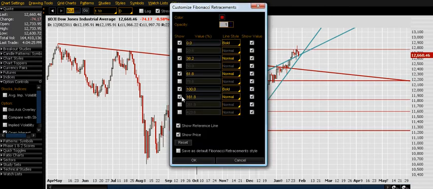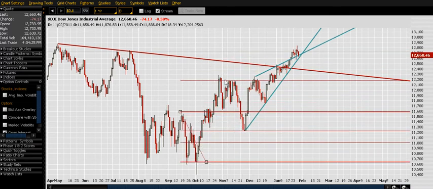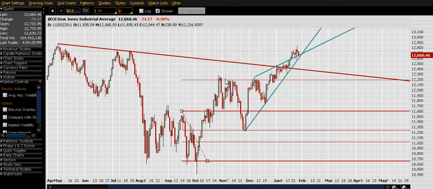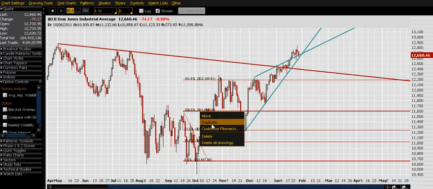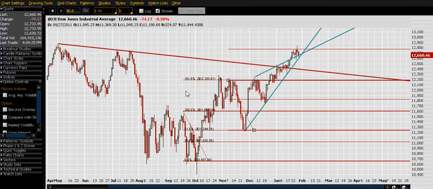I'm going to add the 161 retracement. Exactly right there. Now, I said they tend toward equality, so am I missing something? No, because it's nearly the exact same distance as wave 3. So I'm going to leave that one there. I'm going to duplicate it. I'm going to leave this one right here.